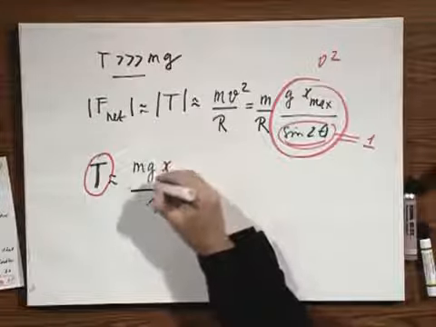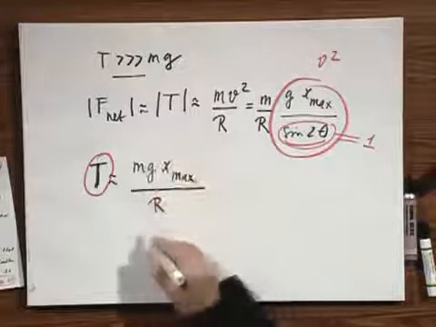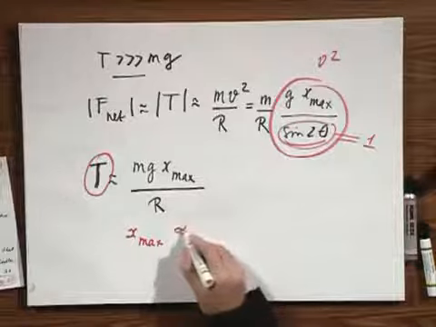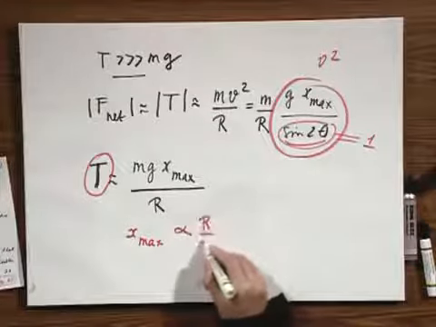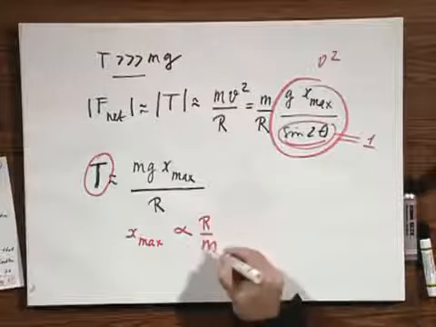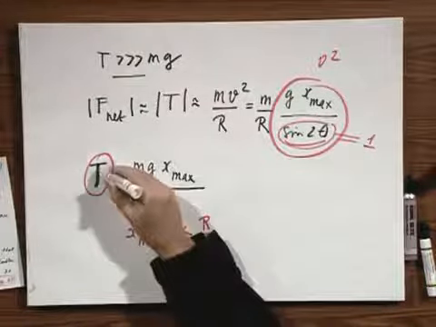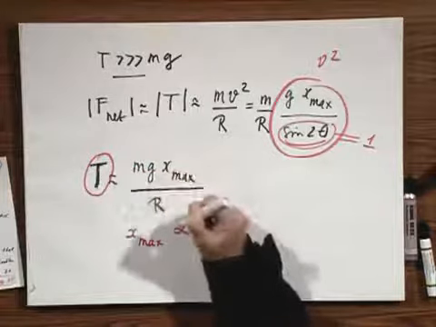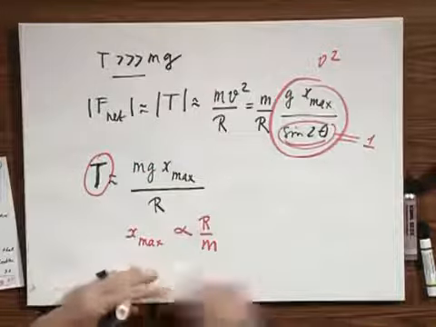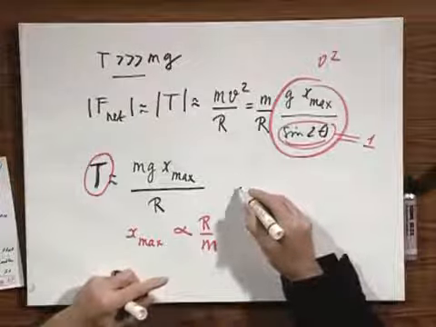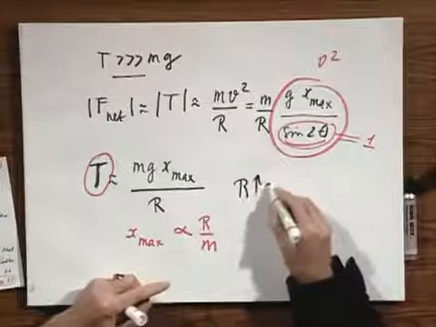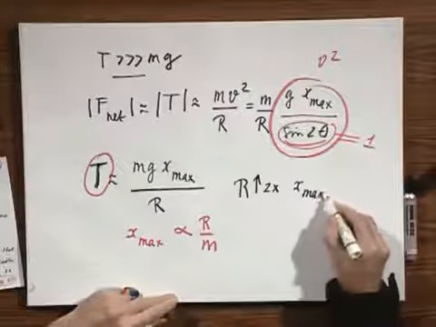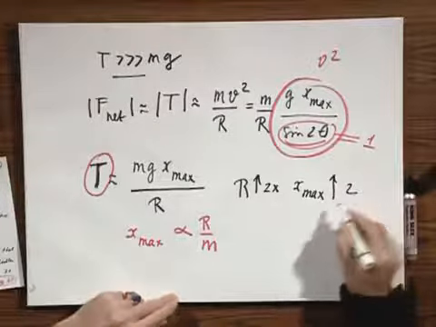So what you see now is that since g is not changing, you find that x max is therefore proportional to R over M. And you could change R and you could change M, but remember, T is now a given, a maximum value that you cannot exceed, and g, of course, is not changing. And therefore, if you double R, if R goes up by a factor of 2, x max will go up by a factor of 2.